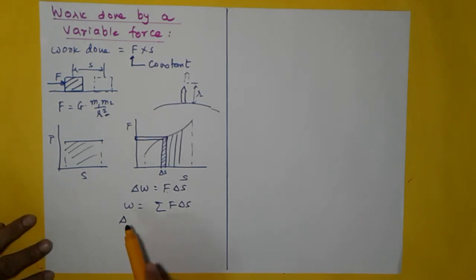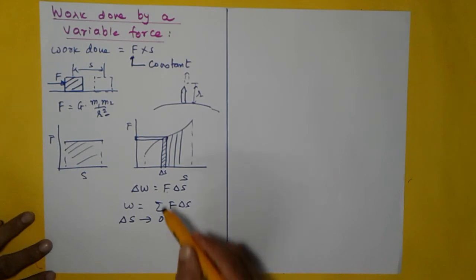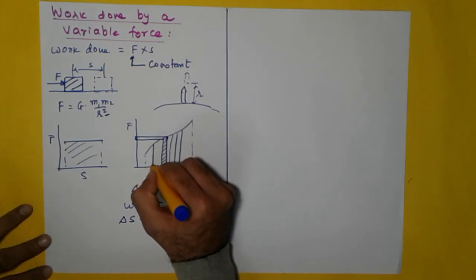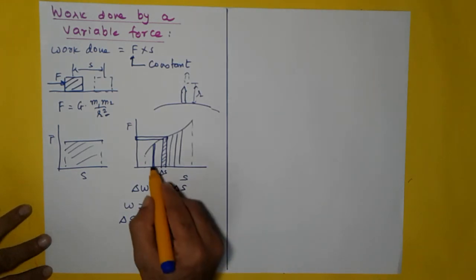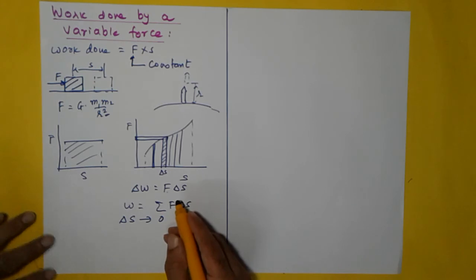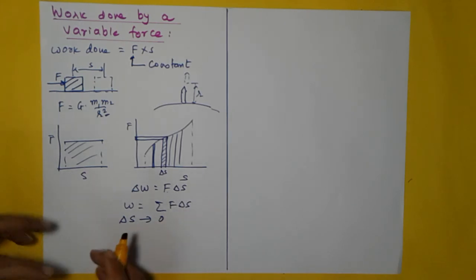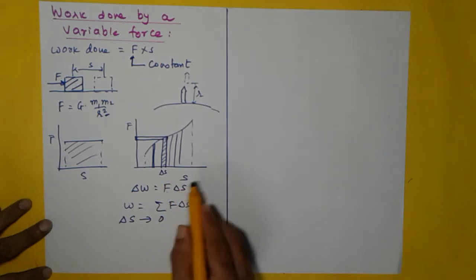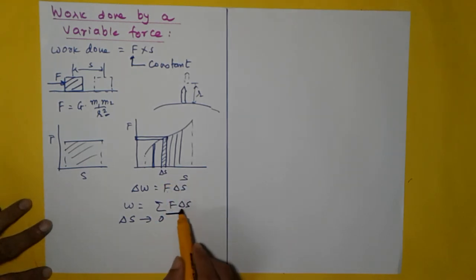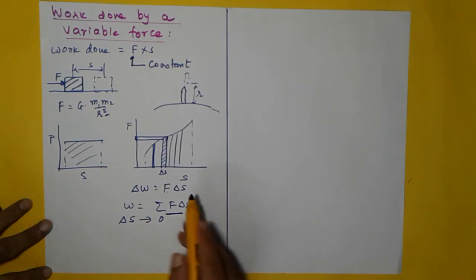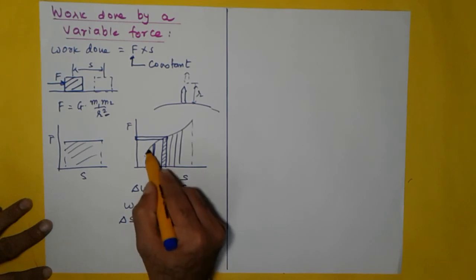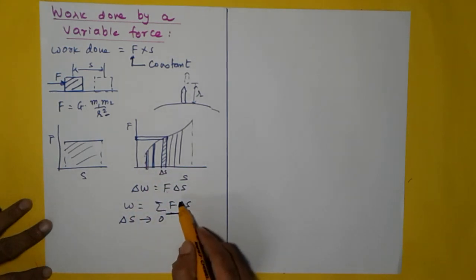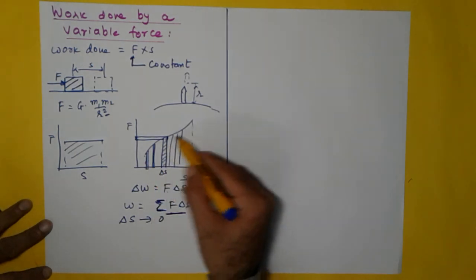Now, if we take delta S tending towards 0, an infinitesimally thin strip, then the number of terms would increase towards infinity. There would be an infinite number of small strips and therefore infinite terms of F delta S, and the sum would approach a definite value, which is equal to the area under the curve.